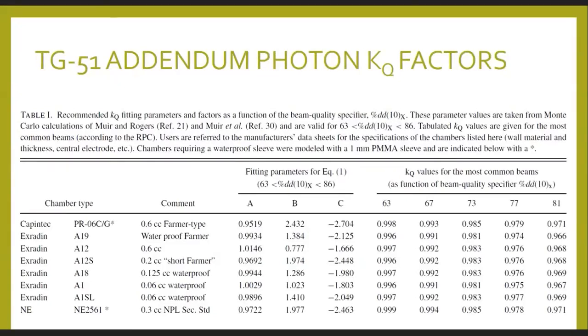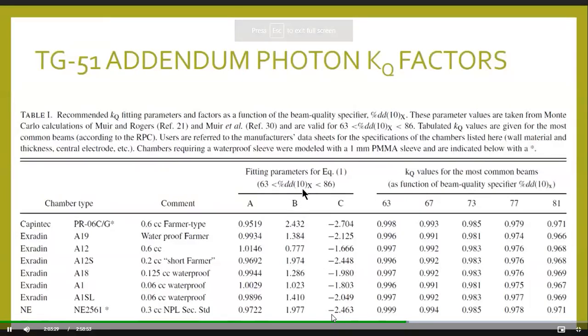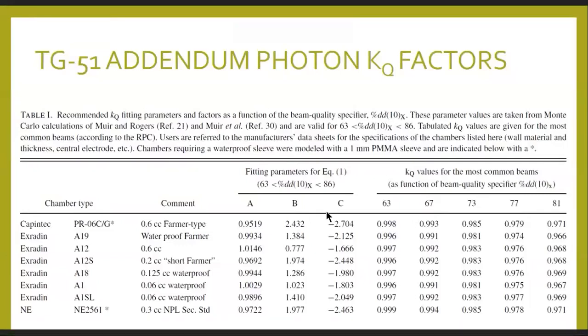And even for the chambers given in the original TG51, we have them here with slightly corrected values. The addendum also provides a formula for how to calculate the KQ from the beam quality specifier, PDD 10.